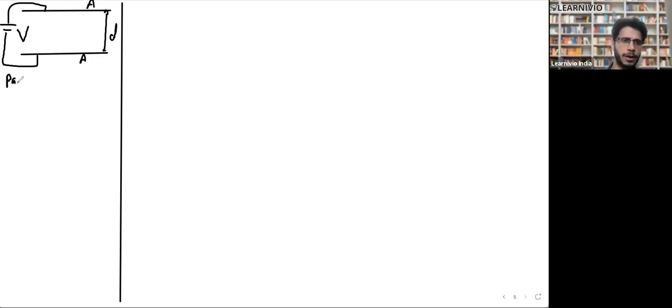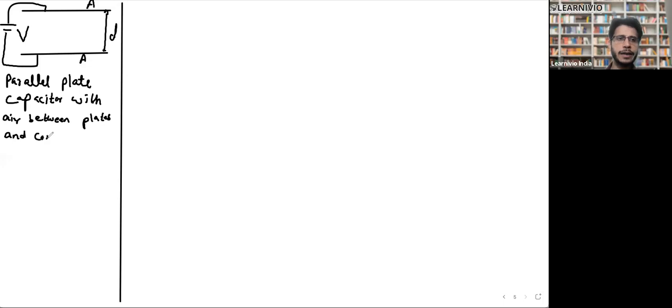So this is a parallel plate capacitor with air between plates and connected to a cell of potential difference V naught.